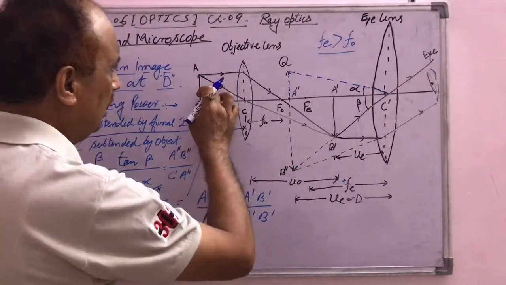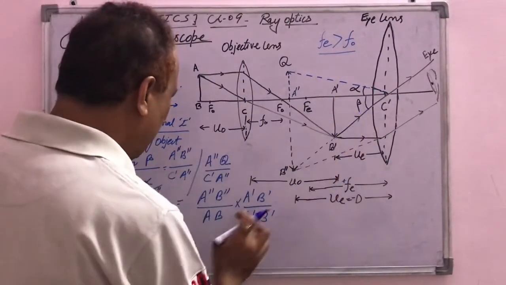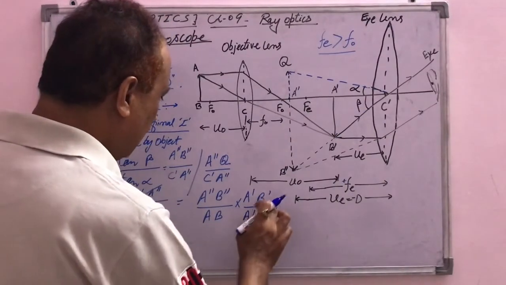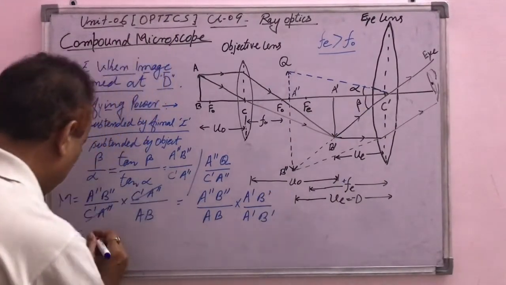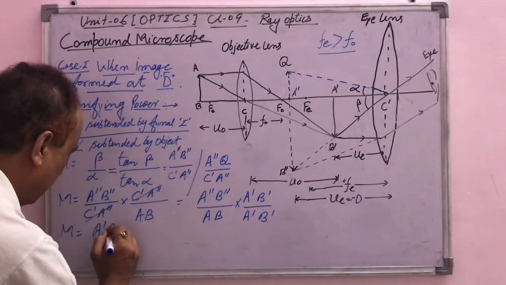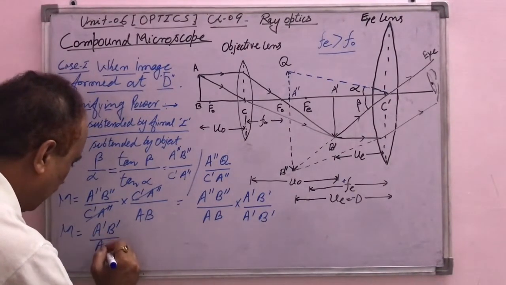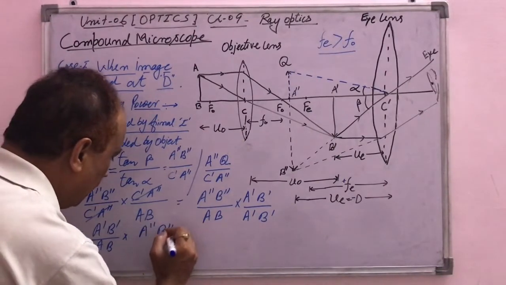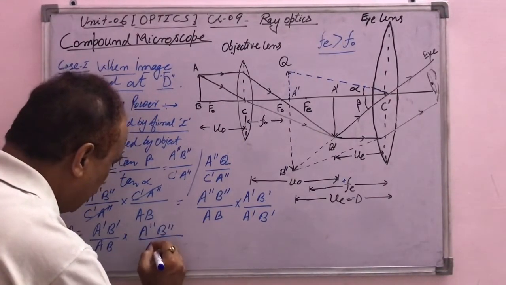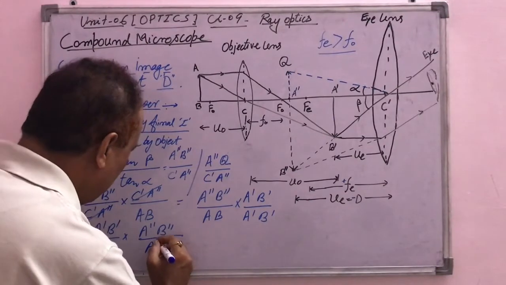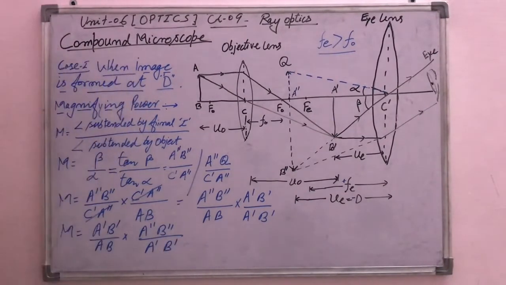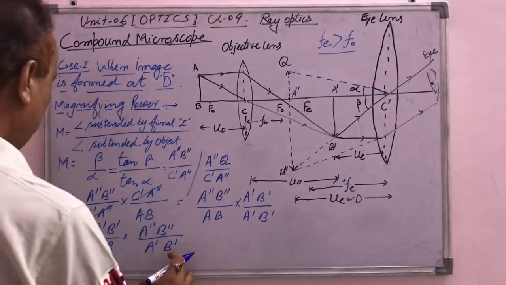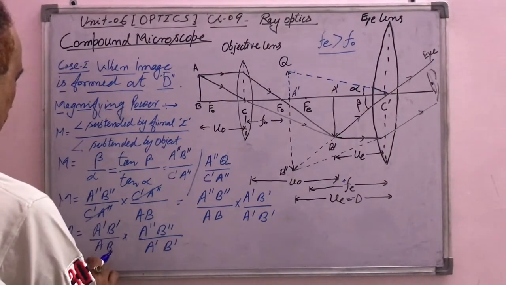Here the object is AB and the image is formed at A dash B dash. So we write A dash B dash upon AB into A double dash B double dash upon A dash B dash.